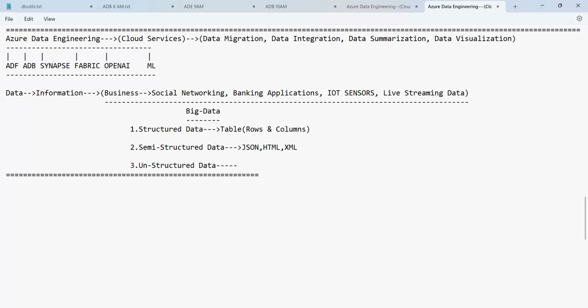The next one is unstructured. When we talk about unstructured data, there is no structure.